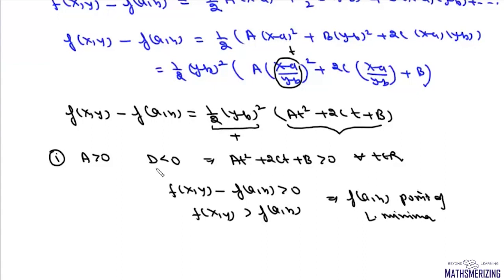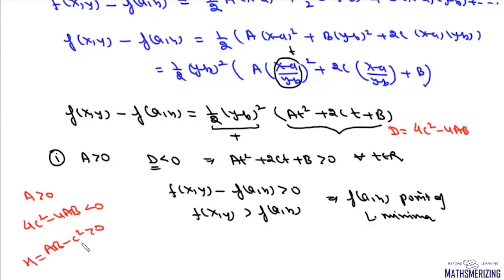Now what is the condition? We need to find d. Now d for this function is 4c square minus 4ab. So condition here will be a is greater than 0 and d, which is 4c square minus 4ab, is less than 0. So from here we'll get ab minus c square, which is our h, and h is greater than 0.